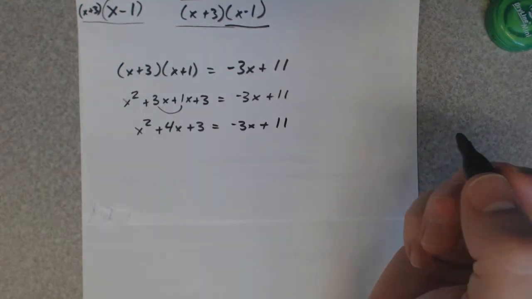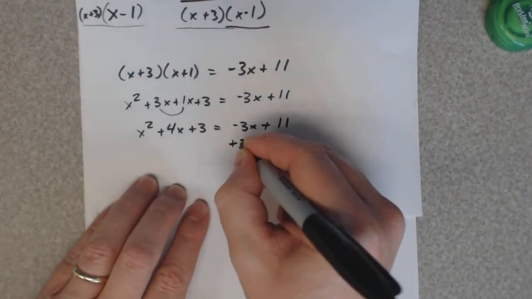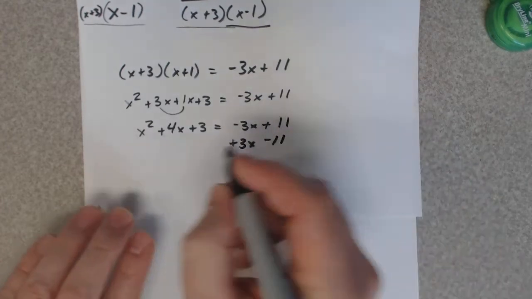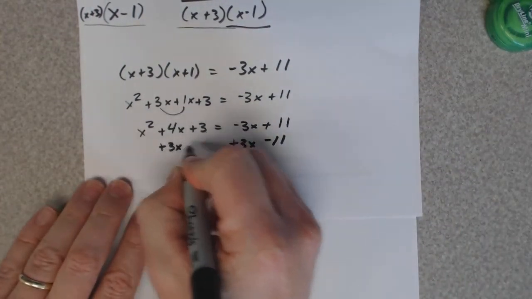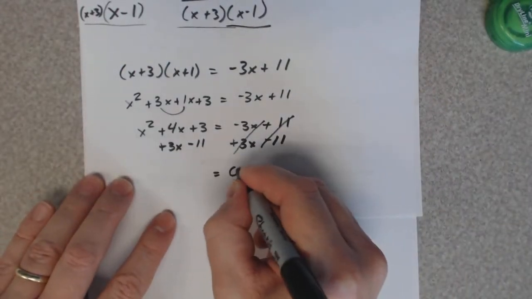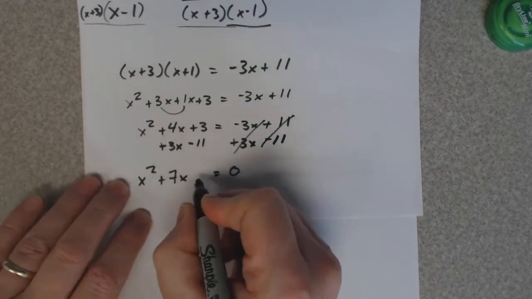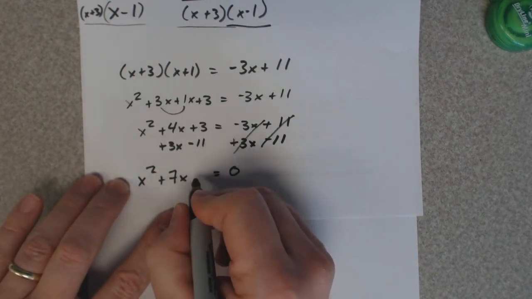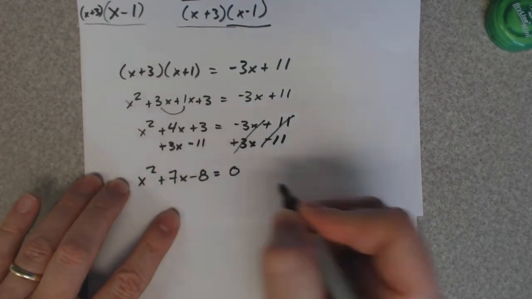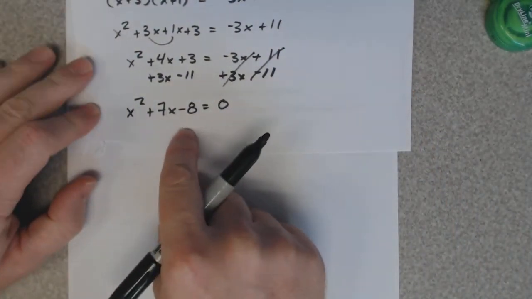I get that. Let's move this stuff over, subtract the 11, that way I get 0 over here. That'd be -8. Alright, so now you can use the quadratic formula, but this is pretty easy to factor.